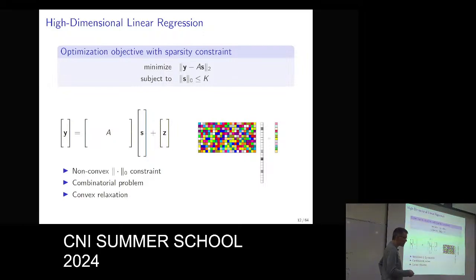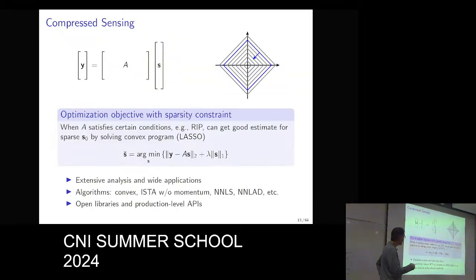But we use a convex relaxation. We use the convex relaxation of the L1 norm. The L1 norm now is spiky. It's not round. And so that's why it's going to lead to a function that's not differentiable everywhere. And we use the lasso as a proxy. There have been quite a few algorithms.